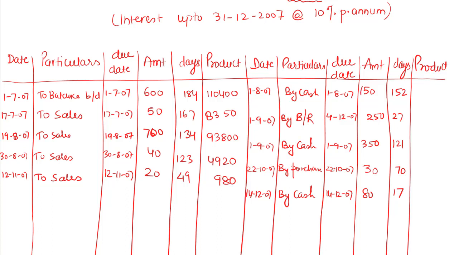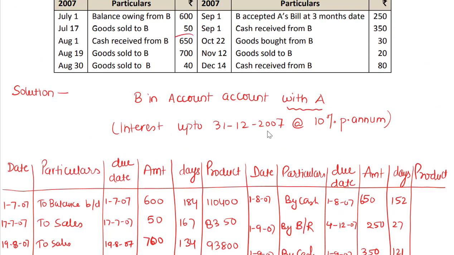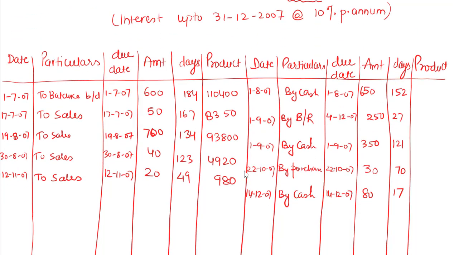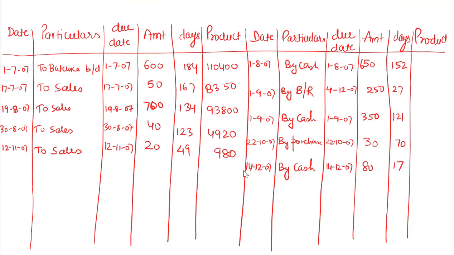650 multiplied by 152, 98,800. 250 multiplied by 27, 6750. 350 multiplied by 121, 42350. 30 multiplied by 70, 2100. 80 multiplied by 17, 1360.